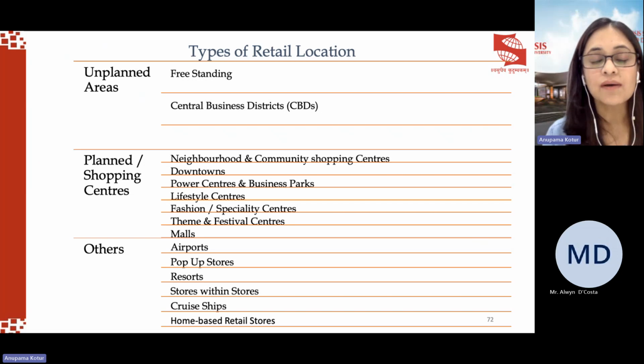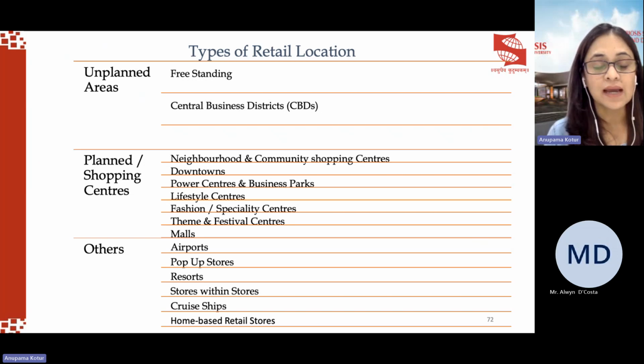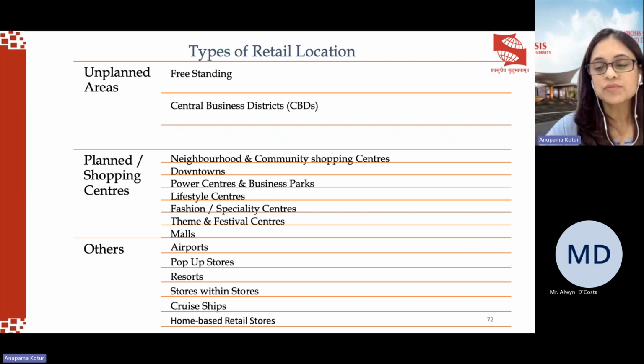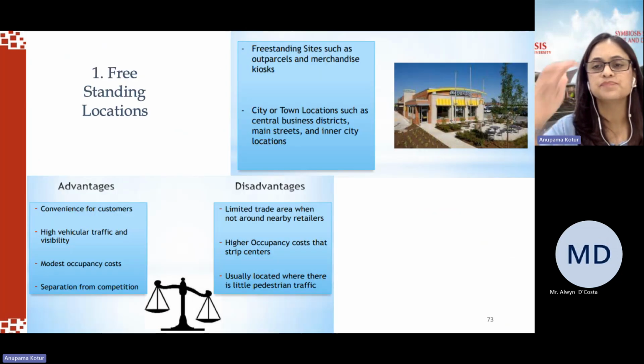There are three categories under which we are going to be examining the different types of retail locations. Unplanned areas is the first category, followed by planned areas, and then we have the last category, which comprises a lot of these hybrid locations and some of the newer kinds of locations that have emerged over the years. Now, when it comes to unplanned locations, we look at freestanding locations as well as CBDs.